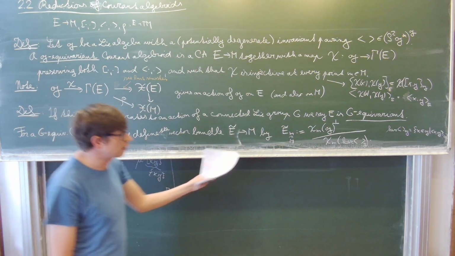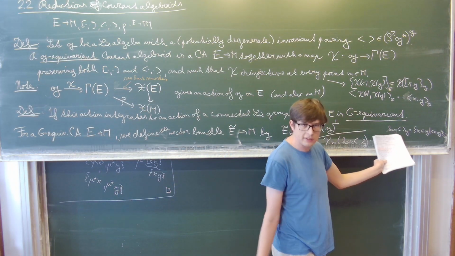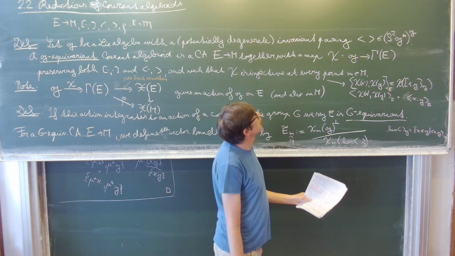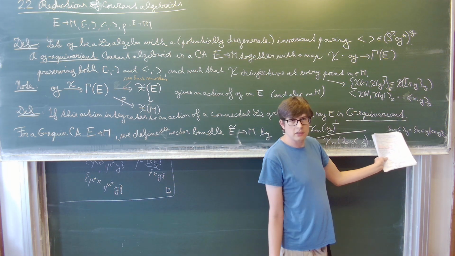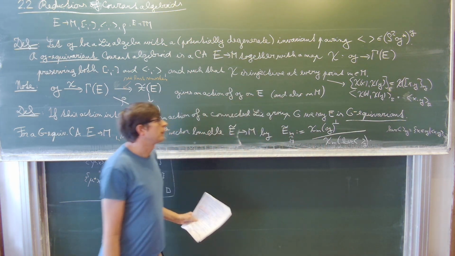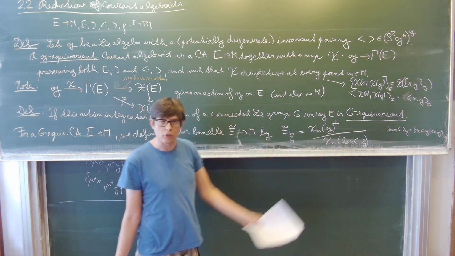If the pairing is non-degenerate, then this kernel is trivial. If the pairing is 0, then the kernel is everything. But if it's something in between, then I have to use this unfortunate thing.